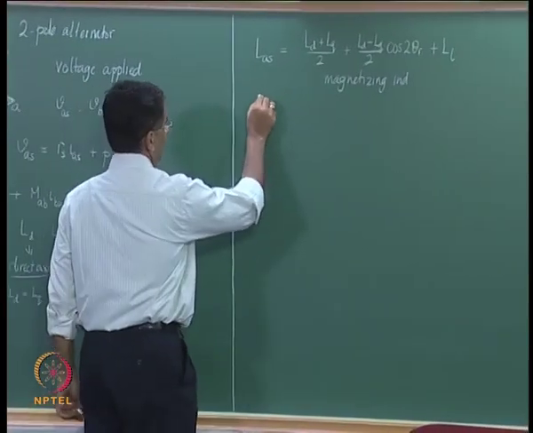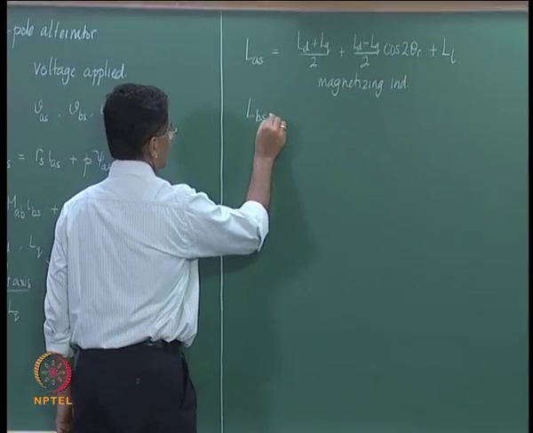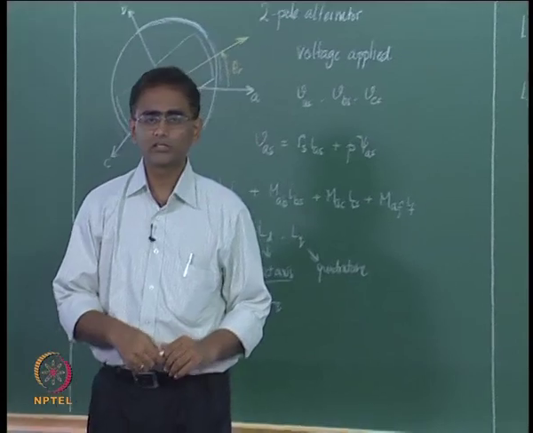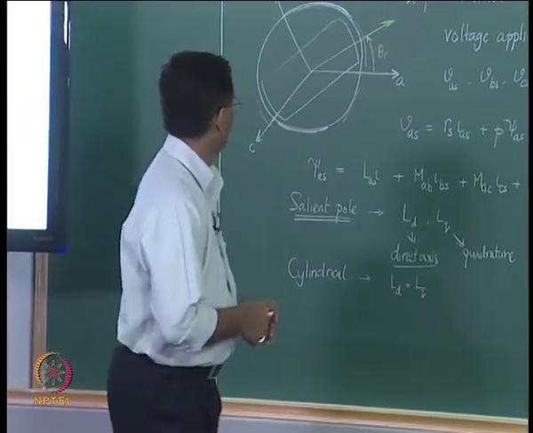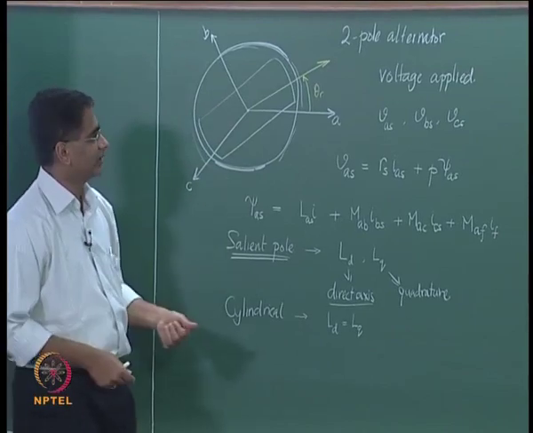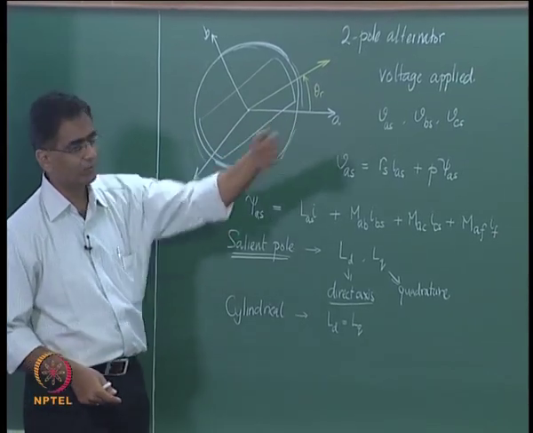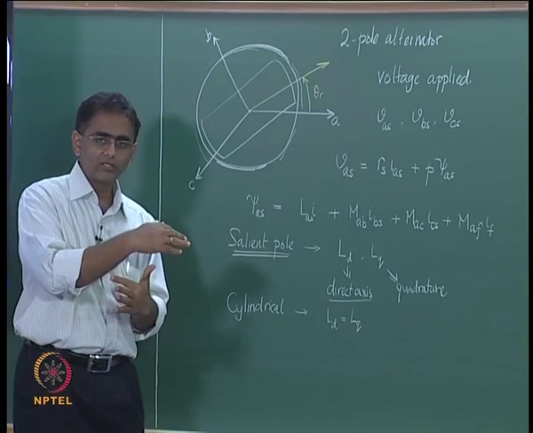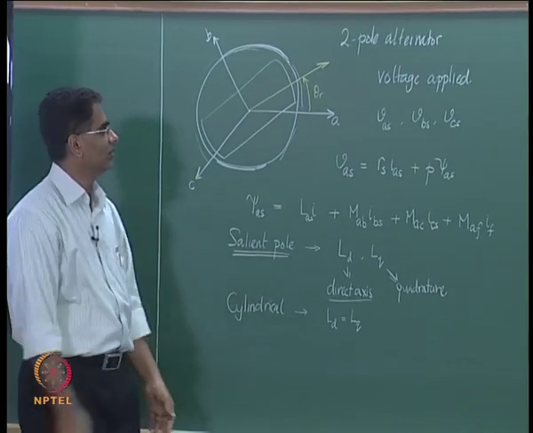So, going forward we need to get the expression for the inductance of the phase B. Phase B has an axis here. So, this expression can be derived very easily from the earlier expression because it is the same phase which is displaced at a different angle.